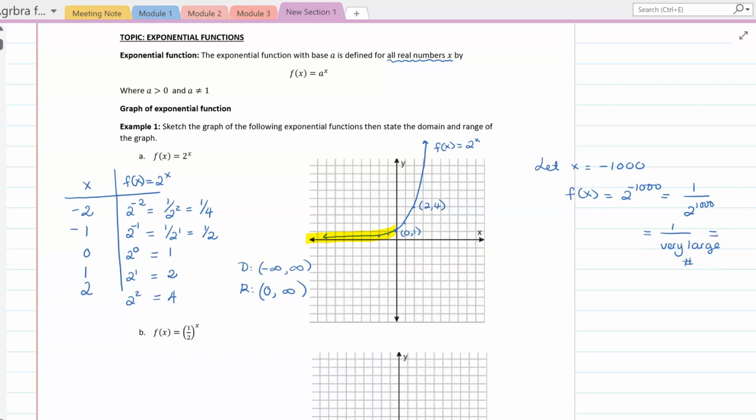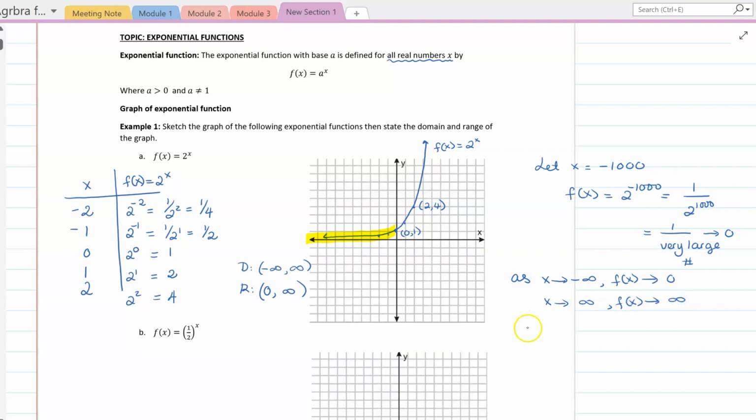And this is still positive, right? And this becomes very close to 0. So as x gets larger on the negative side, as x approaches -infinity, f of x approaches 0. As x approaches +infinity, f of x approaches infinity.